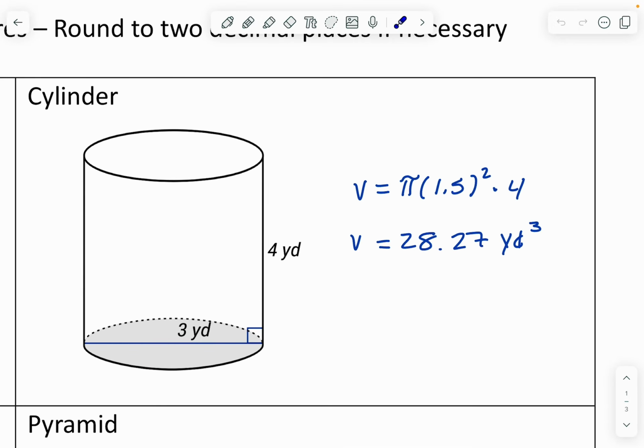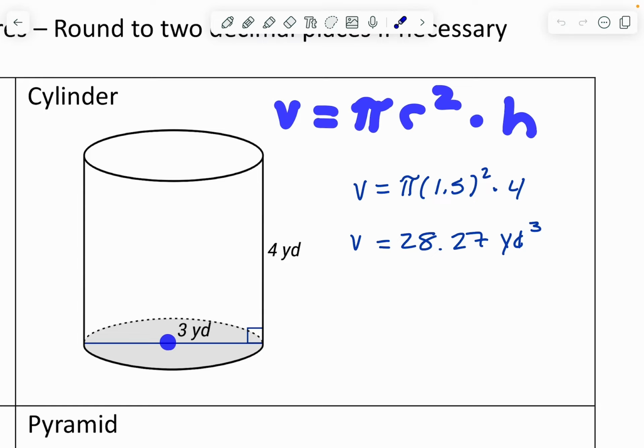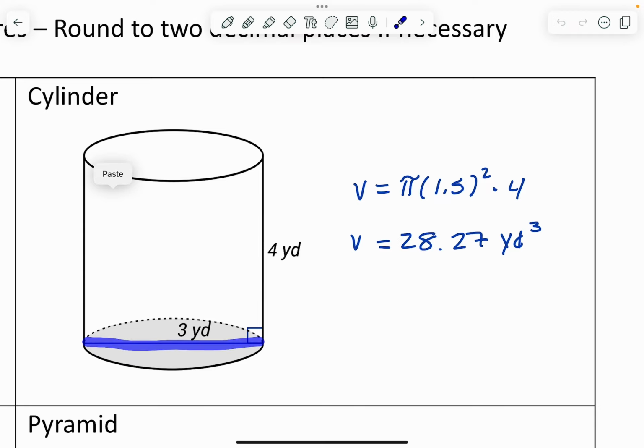For this cylinder, the formula is volume is equal to pi r squared times height. Make sure you're using r instead of d. So 3 is the diameter, the distance between these 2 points, so half of that would be the radius.